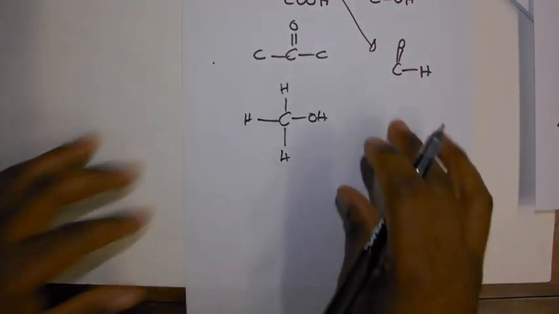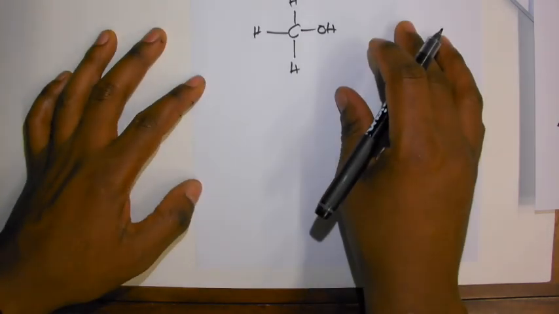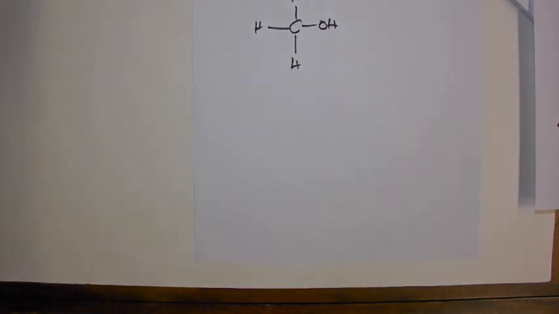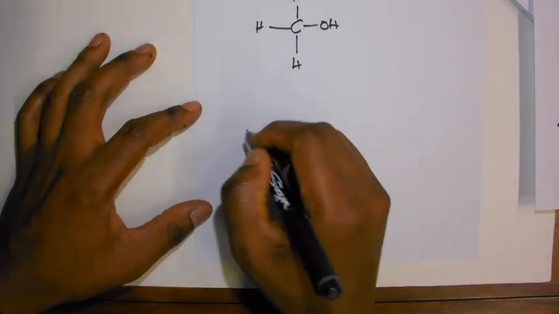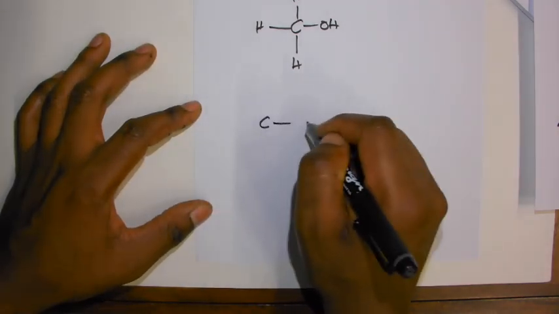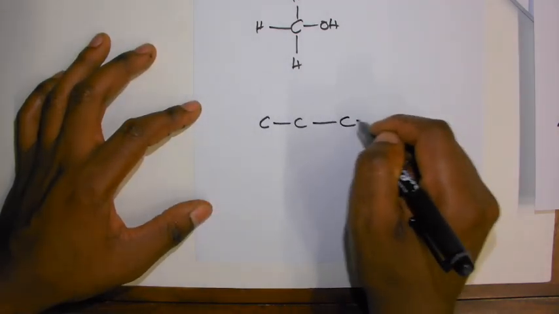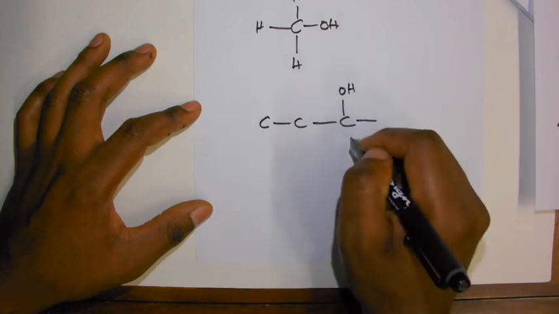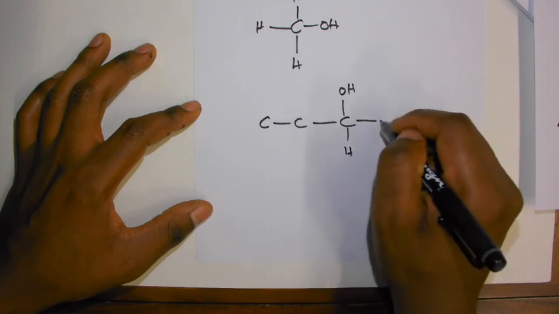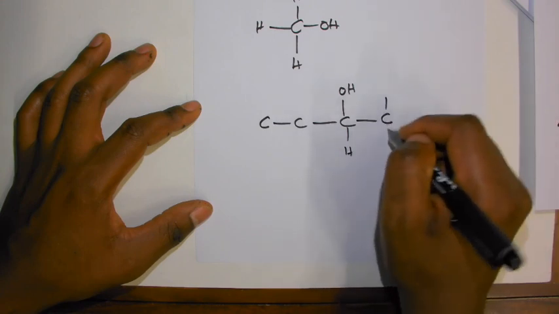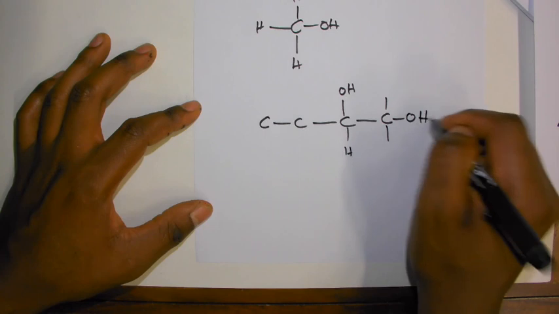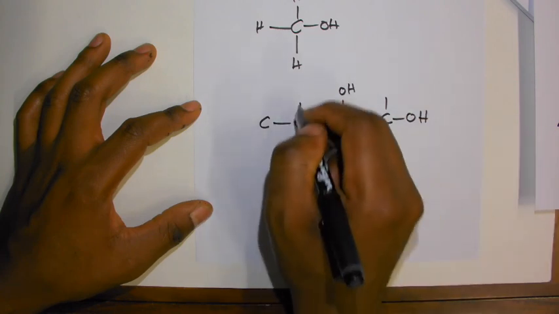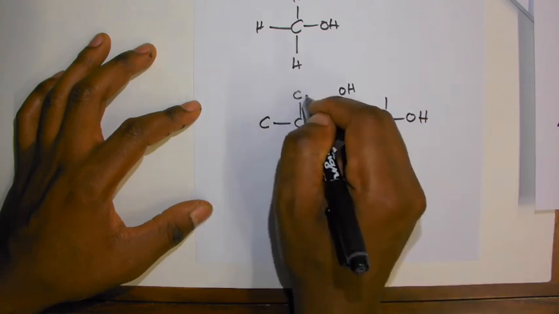Now let me draw as many alcohols as possible. By saying alcohols, I don't mean the ones that you guys know. So what will happen if now I put an OH there? Is that okay? I put another one, CH3 here.